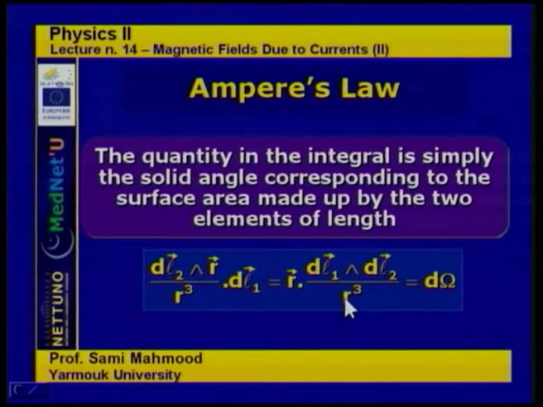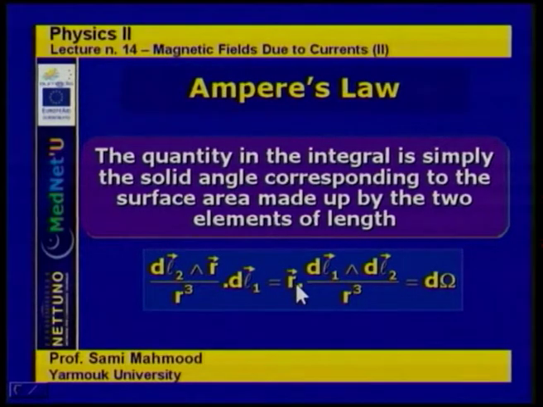This is an identity. And dL1 cross dL2 is simply the area that is made by dL1 and dL2, the two elements of the Amperian loop and of the wire carrying the current. And that area, of course, is a vector quantity dotted with r̂.